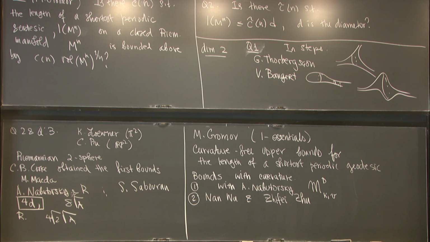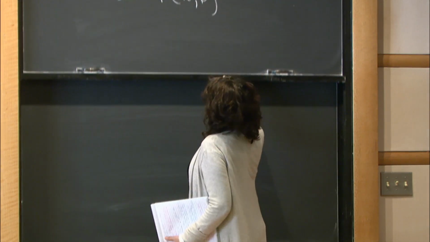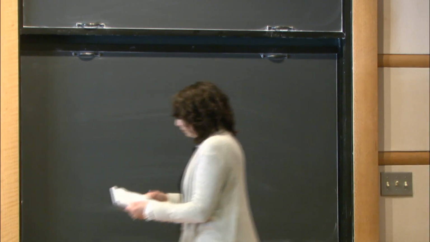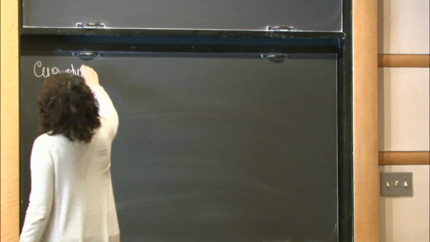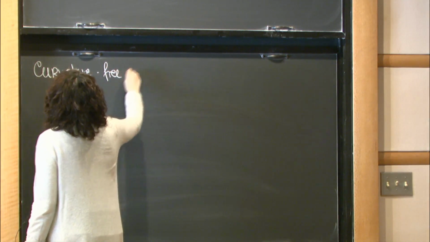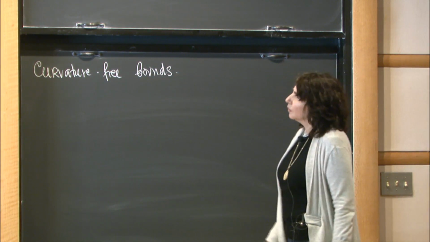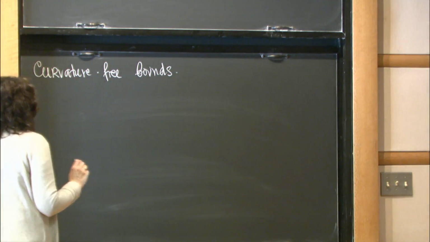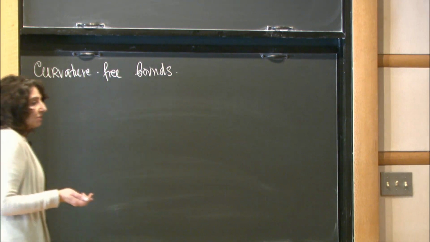Okay, so moving to the curvature-free bounds. One of the first bounds was actually due to Stefan Sabourau, and that was for the length of a shortest geodesic loop. On the whole manifold, that does not have to be a periodic geodesic; there are examples when this is not the case.